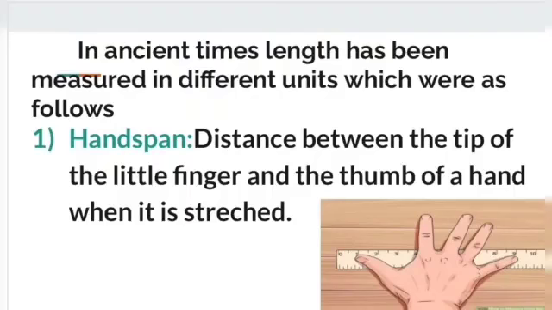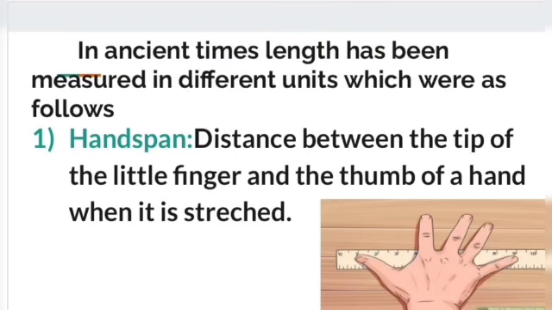So children, in ancient times, means long time ago, length has been measured in different units, which were as follows. Means the units were different for measuring the length. So, what are those units? First is handspan.